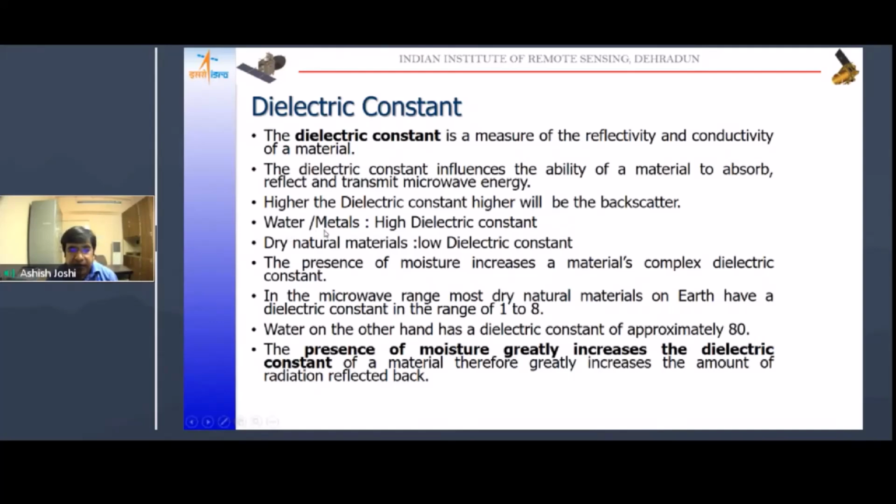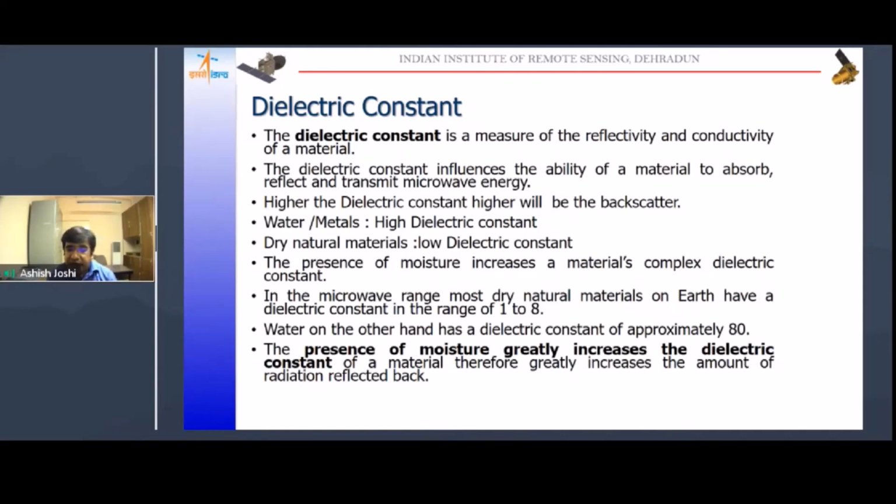Water and metals have a high dielectric constant. Dry natural materials have a low dielectric constant. The presence of moisture increases a material's complex dielectric constant. In the microwave range, most dry materials on the earth have a dielectric constant in the range of 1 to 8. Water, on the other hand, has a dielectric constant of approximately 80.